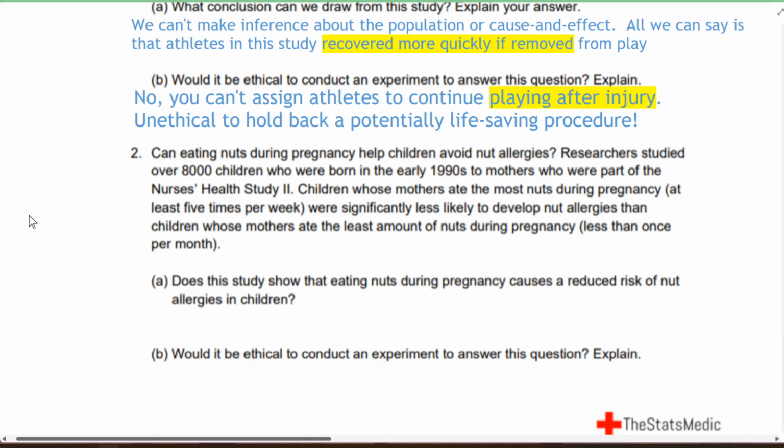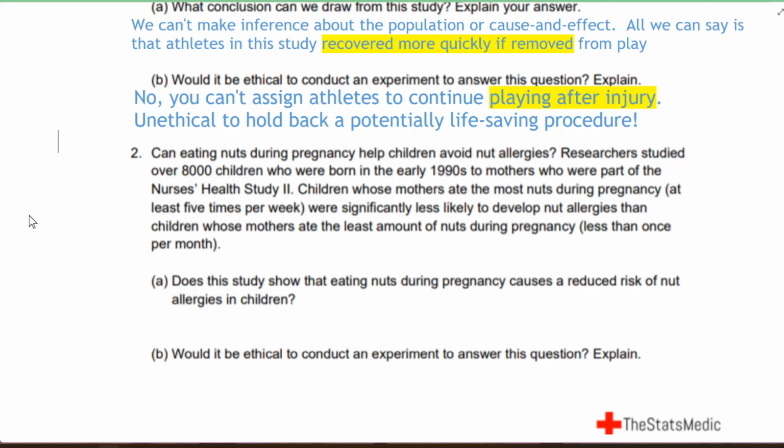How about, what is this? Nut allergies. Can eating tree nuts during pregnancy help children avoid nut allergies? Researchers studied over 8,000 children who were born in the early 1990s to mothers who were part of the Nurses' Health Study II.